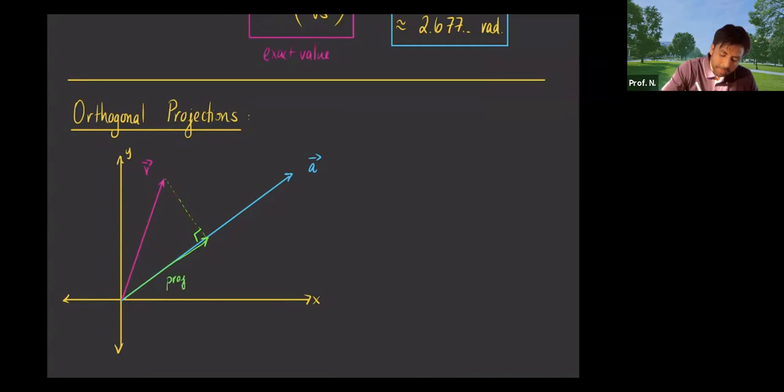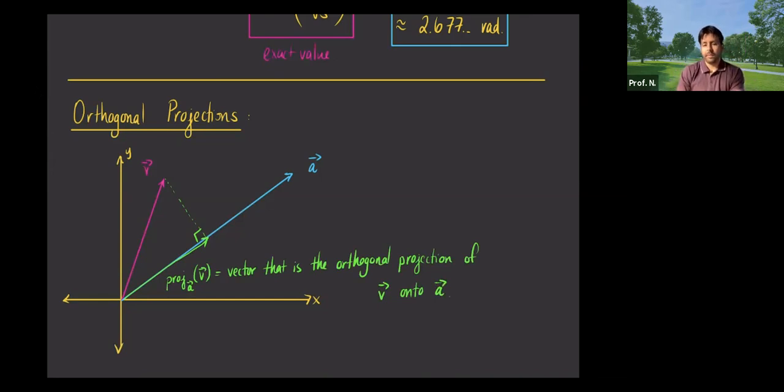We call this the projection of V onto A. This is the vector that is the orthogonal projection of V onto the vector A. And I'm just gonna call this W. And then I'm gonna call this vector here Z.